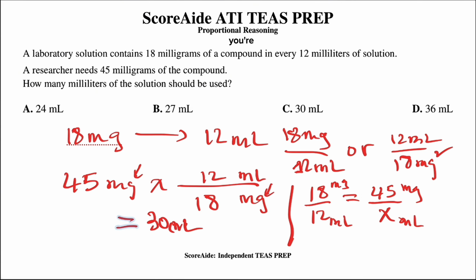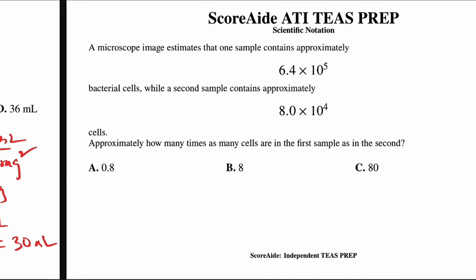If you mix it up, you're gonna not have the answer correct. So this is just gonna be x equal to 12 times 45, all this divided by 18. And this is gonna give us 30 milliliters, right? And yeah, the answer there is gonna be C.